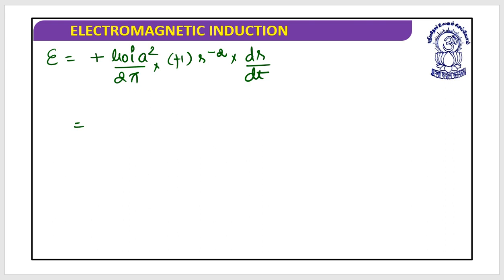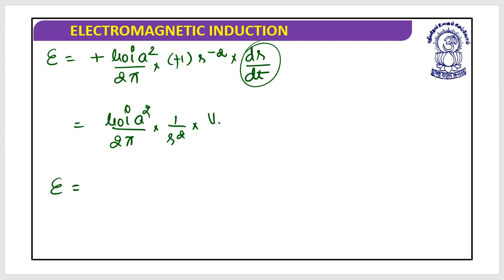So this minus and this minus will give the positive one. This is mu naught I a square divided by 2 pi into 1 by r square into dr by dt. This dr by dt could be written as v. So this motional emf could be written as mu naught I a square v divided by 2 pi r square volt.